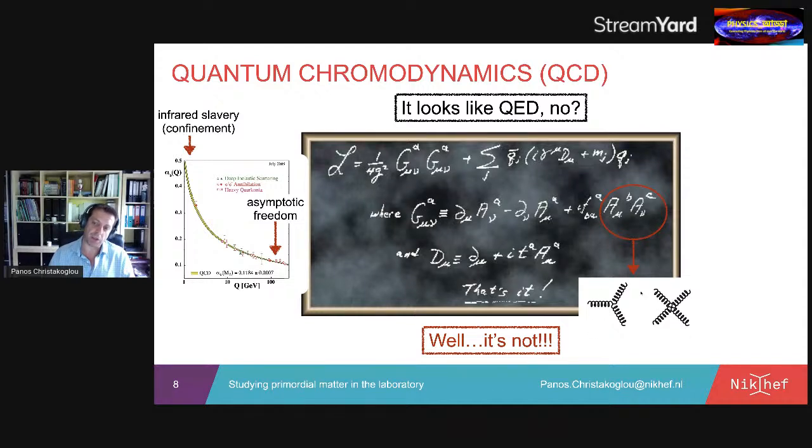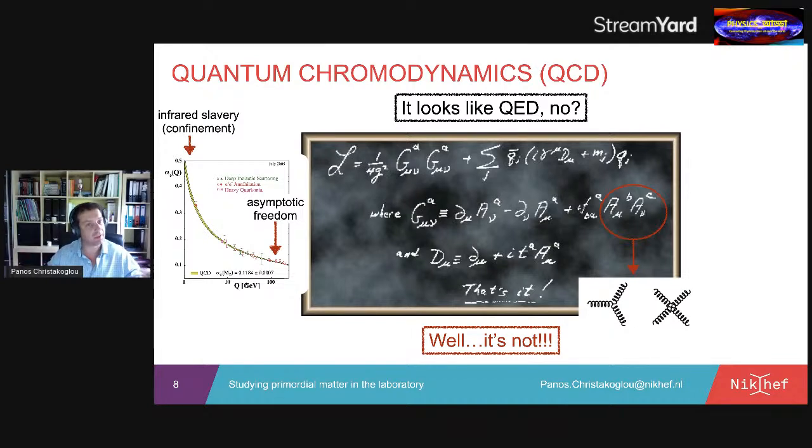Now, this peculiar nature of QCD is also reflected in what we call the strong coupling constant. We keep calling it a coupling constant, but it's hardly a constant. This is reflected in the left-hand side plot, which shows the coupling strength, so how strong the interaction is, as a function of the momentum transfer.